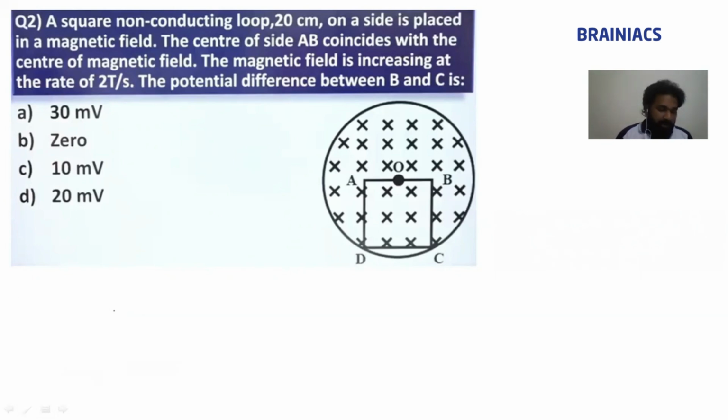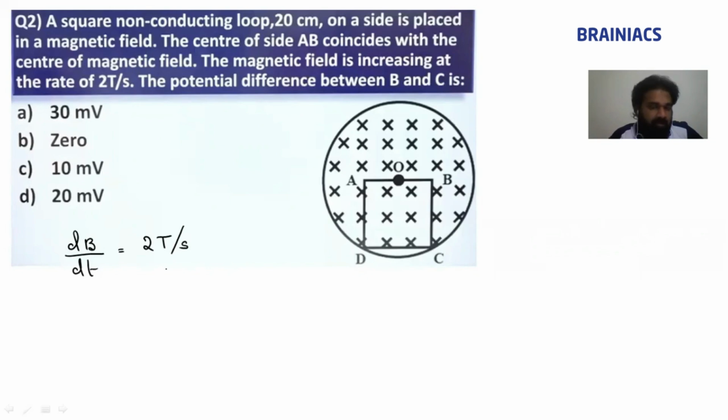So here certain data they have given. One data is the magnetic field is changing at the rate of 2 Tesla per second. So dB by dt is what they have given here, 2 Tesla per second. Now suppose this magnetic field is increasing.